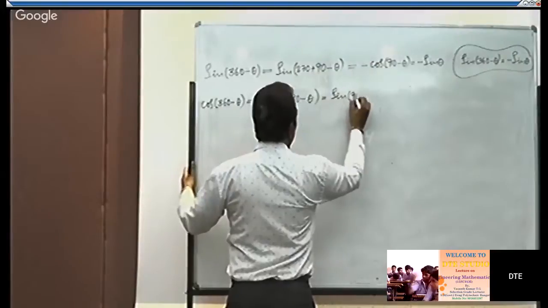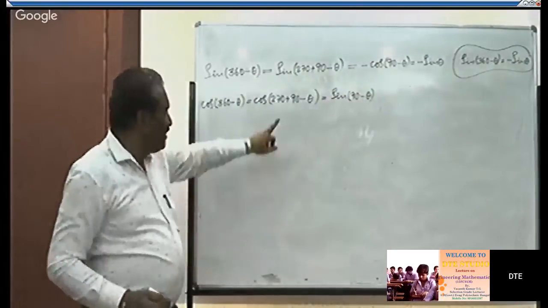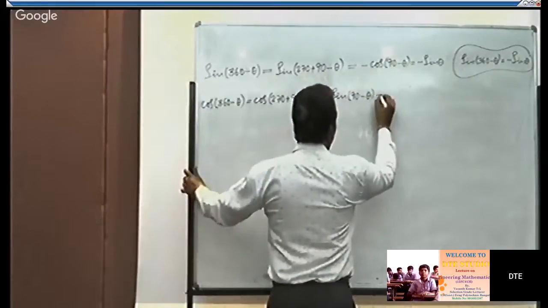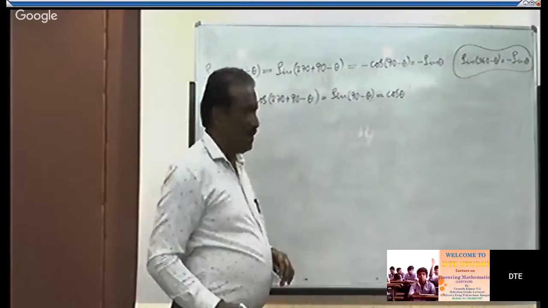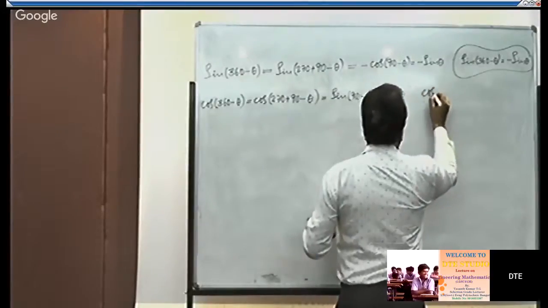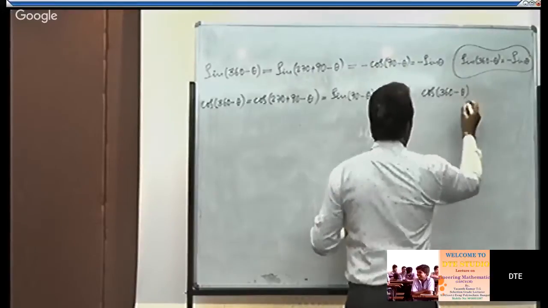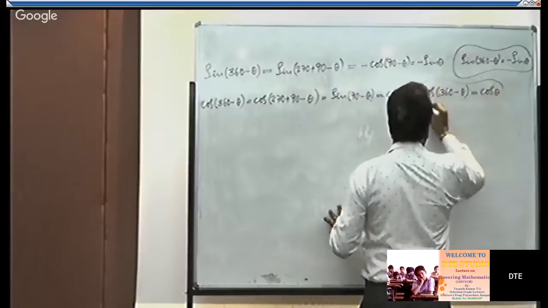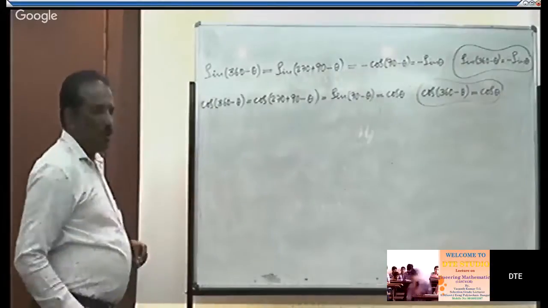In the place of theta, it is 90 minus theta. We also know sine of 90 minus theta is equal to cos theta. Therefore, one can write cos of 360 minus theta is equal to cos theta only.